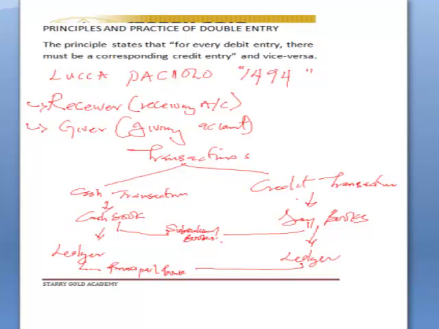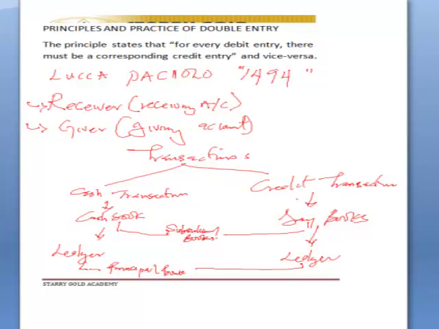We will get there, just take note of that. So in recording the double entry principle, we must know the giver and the receiver, irrespective of whether it is a cash transaction or a credit transaction. We must be able to identify who is the giver and who is the receiving party.